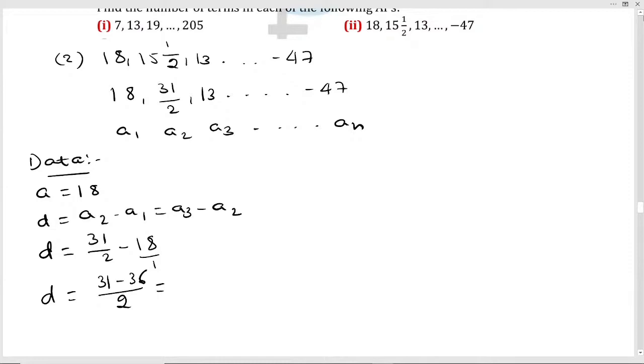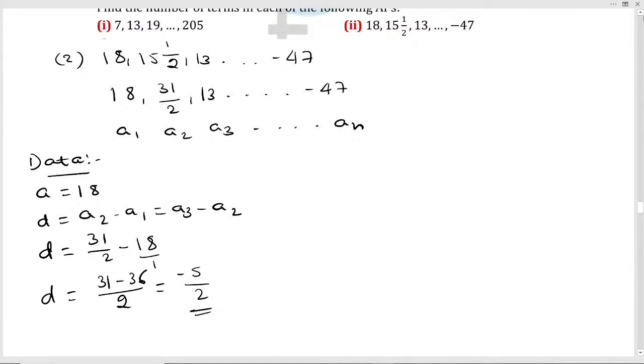Whatever method your teacher has taught you for the LCM, you can use that method. So 31 minus 36 is minus 5 by 2. So the common difference is minus 5 by 2. Whatever method you use to take the LCM and simplify, I need the answer as minus 5 by 2.